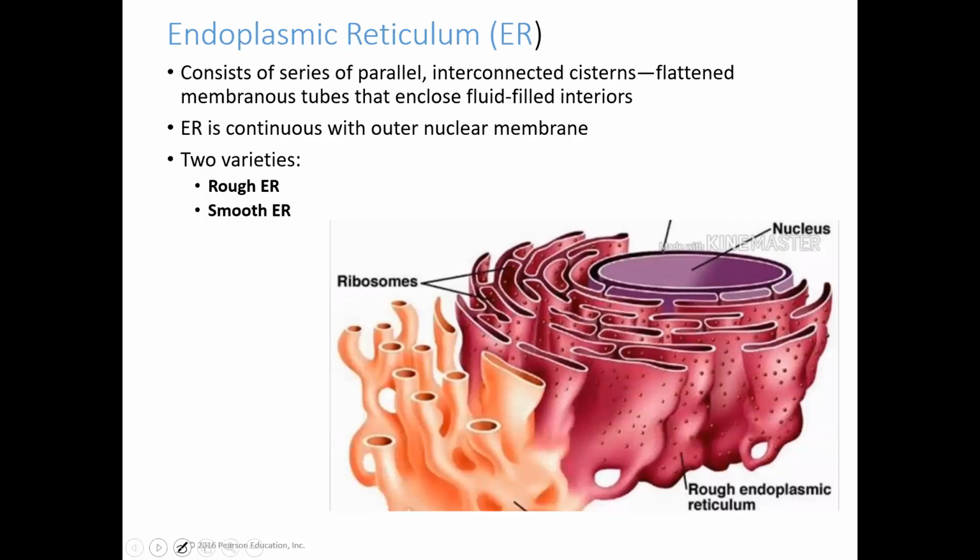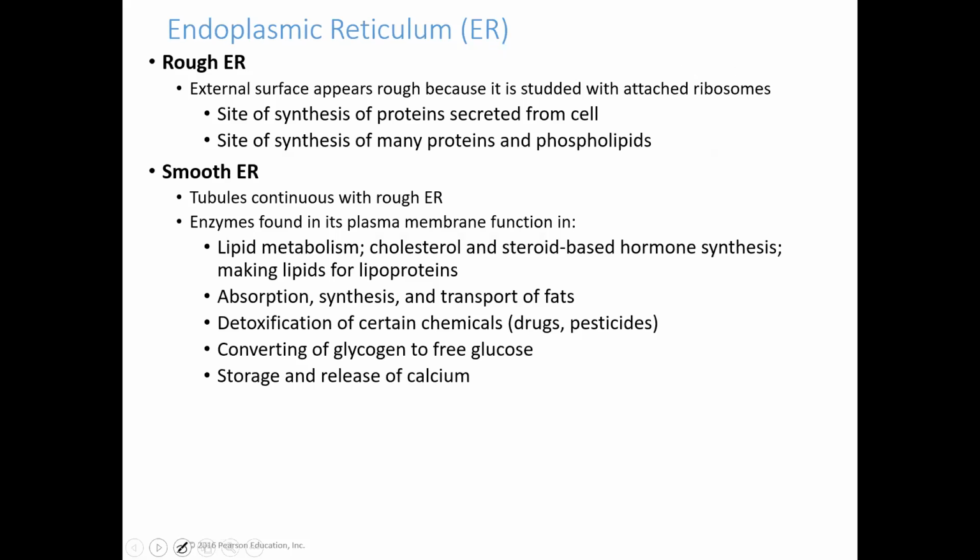Now we see it in two varieties: the rough ER and the smooth ER. The rough ER is studded with ribosomes. This is where we make proteins. Proteins are assembled in the ribosomes bound to the rough endoplasmic reticulum, and from there the proteins are repackaged and prepared to be sent out of the cell.